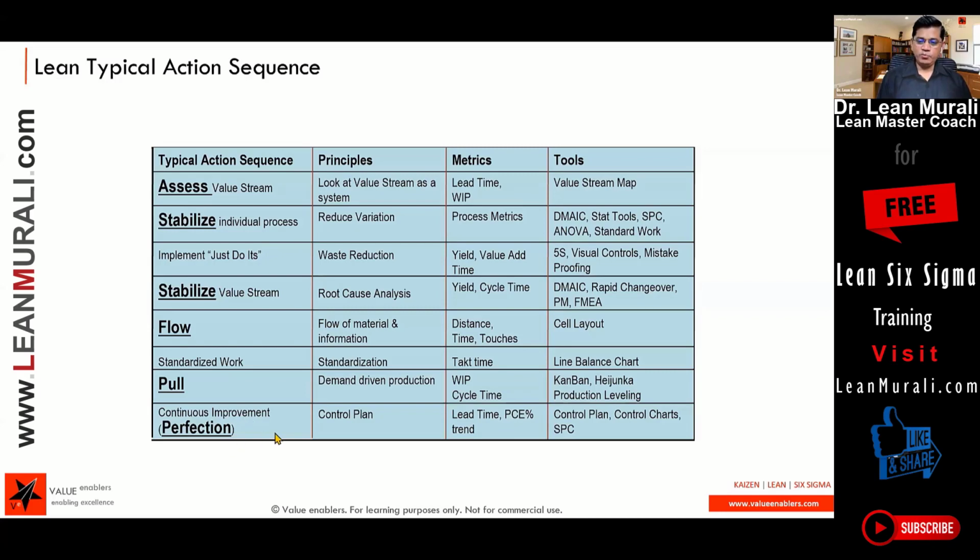Then continuous improvement, perfection. You need to put some standards in place. You need to have the best of best control methods, because if you don't put a good control method, chances are all your improvement efforts are wasted. For example, you go to the training, you follow everything the trainer says, and from 120 kgs, you have come down to 70 kgs.